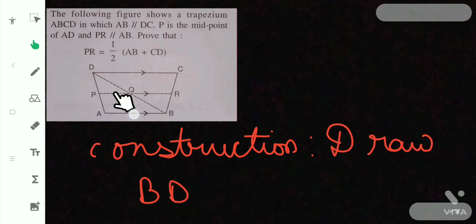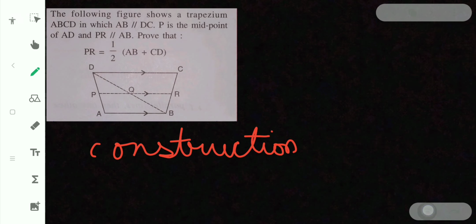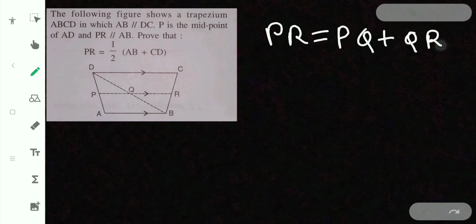So I am proving here itself. I hope you noted the construction. So PR is equal to PQ plus QR.